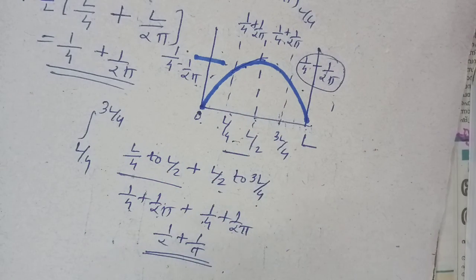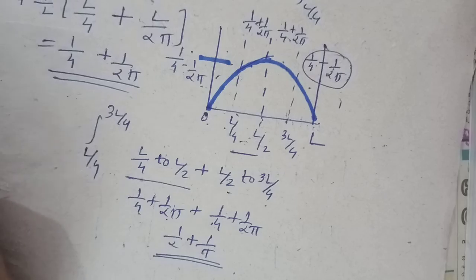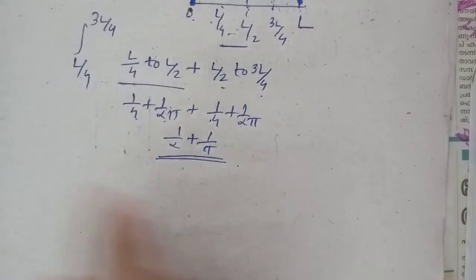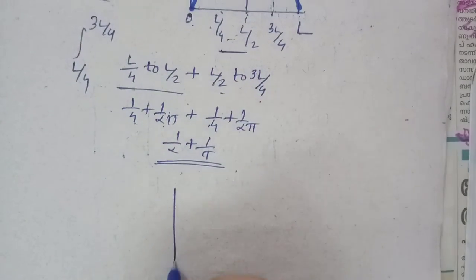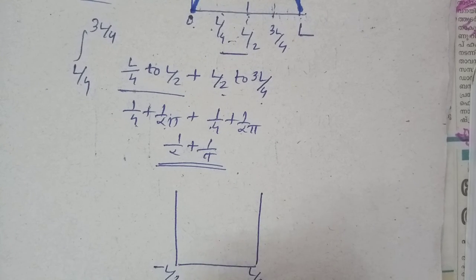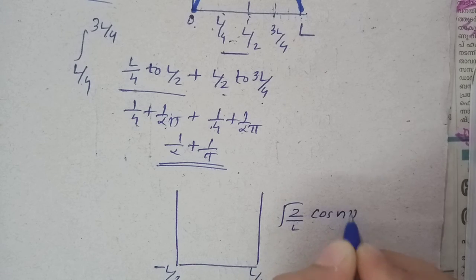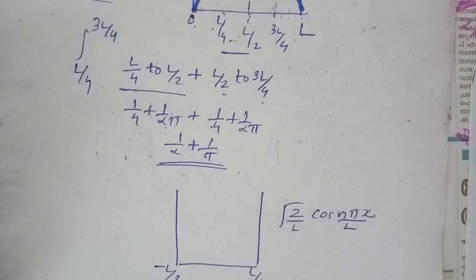Also you have to remember the wave for the one-dimensional box from minus L/2 to L/2. Here, when we consider minus L/2 to L/2, the wave function is under root 2 by L cos(n pi x / L).